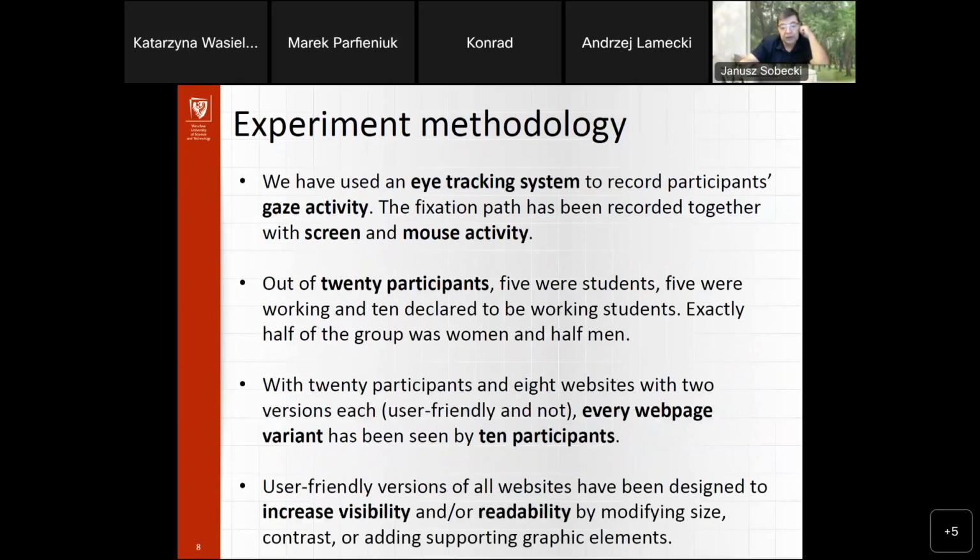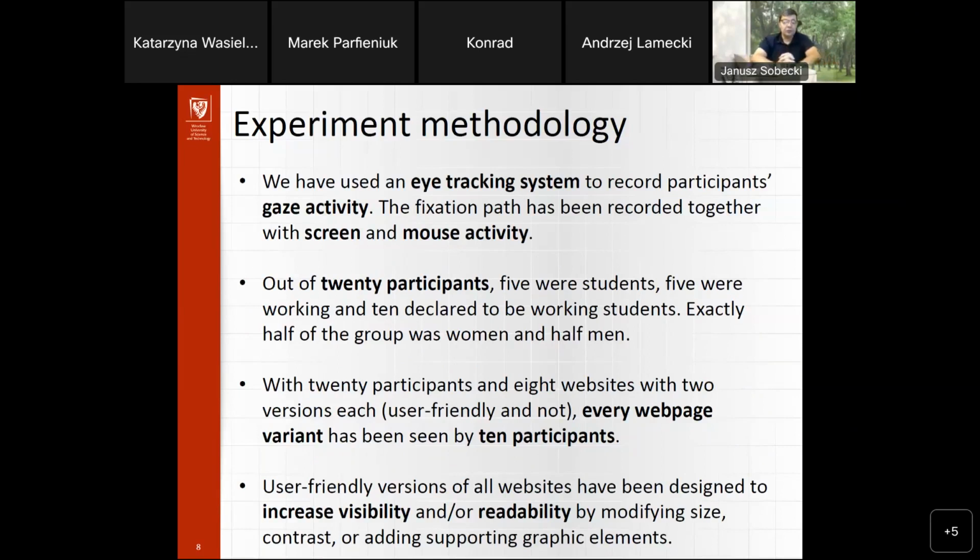During the experiment, we of course used the eye tracker, which recorded participant gaze activity. The fixation path has been recorded, as well as the mouse activity. Out of 20 participants, 5 were students, 5 were working, and 10 declared to be working students.